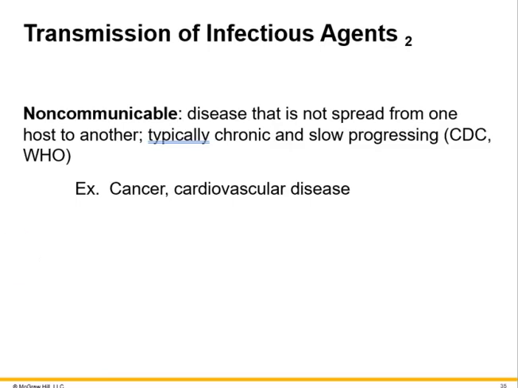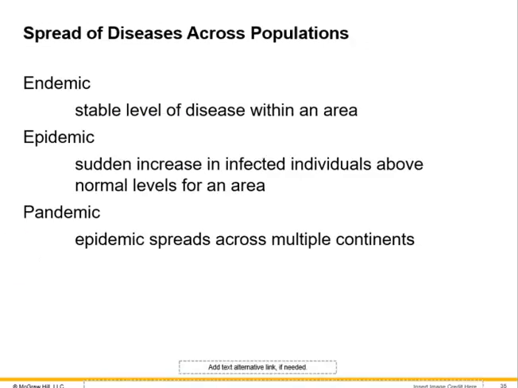All right, and then we can talk about how these diseases spread across populations. So we have epidemics, pandemics, and endemic diseases. So an epidemic refers to a sudden increase in the number of disease cases, and that's above what is normally expected in a specific area. So in 2014, the Ebola outbreak in West Africa would be an example of an epidemic.